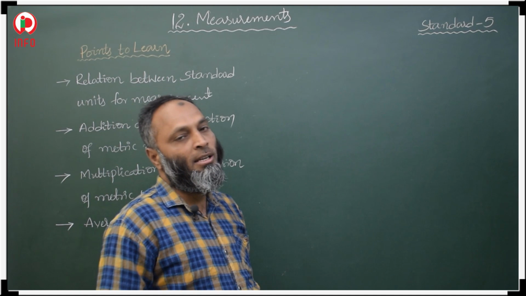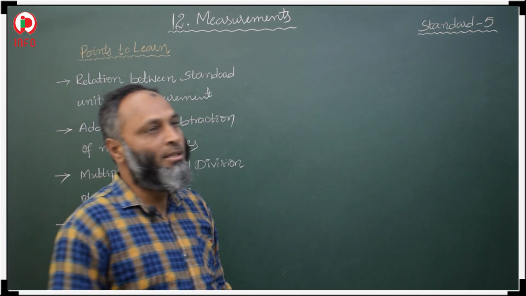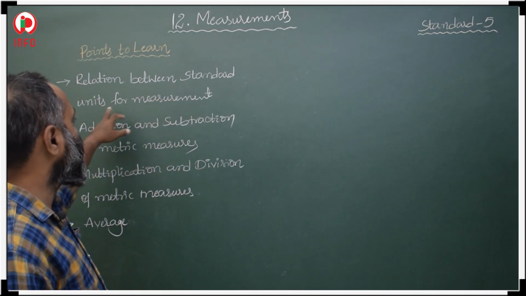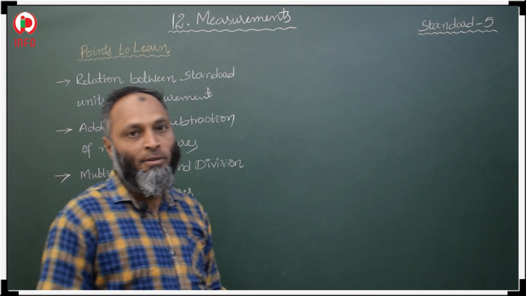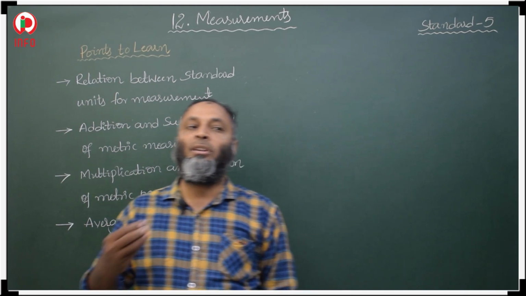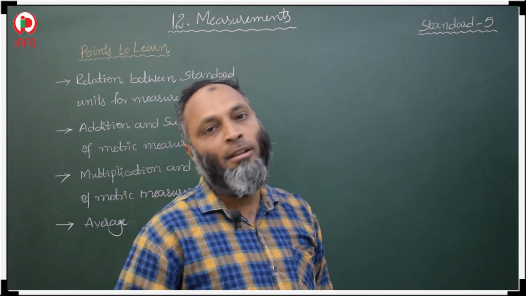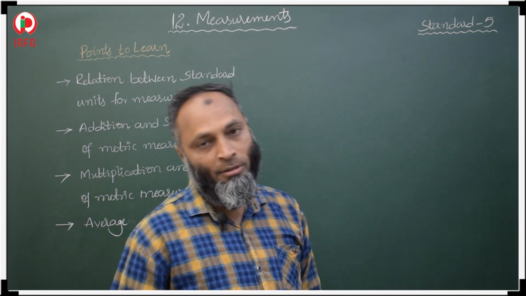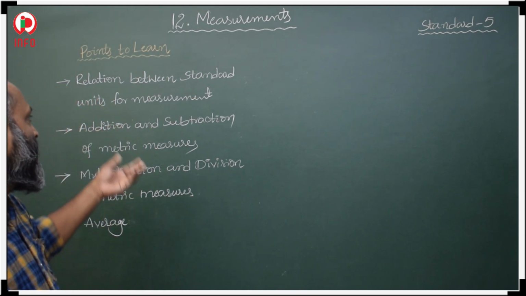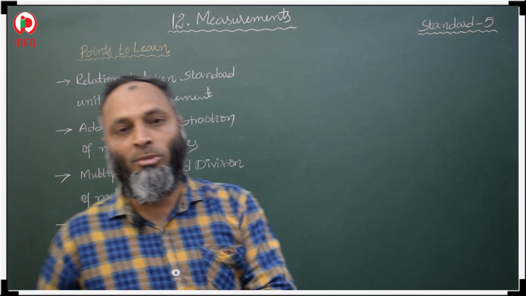So, in this class, which concepts are we going to learn? See here, the first concept is the relation between standard units for measurements. What are the standard units we use to measure length, weight and volume, that is, capacity?